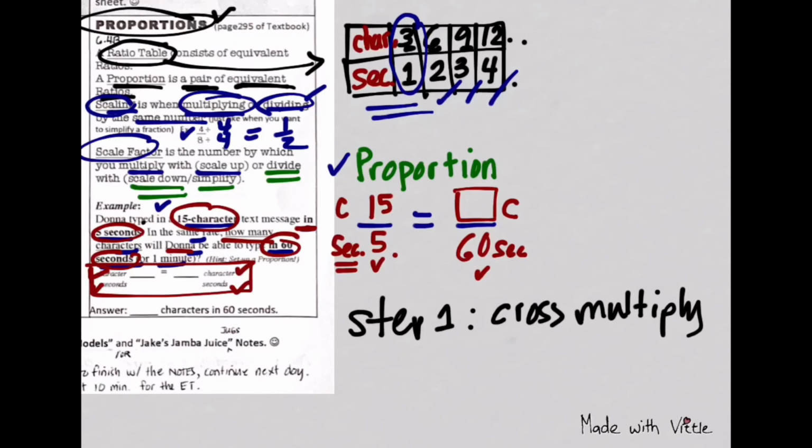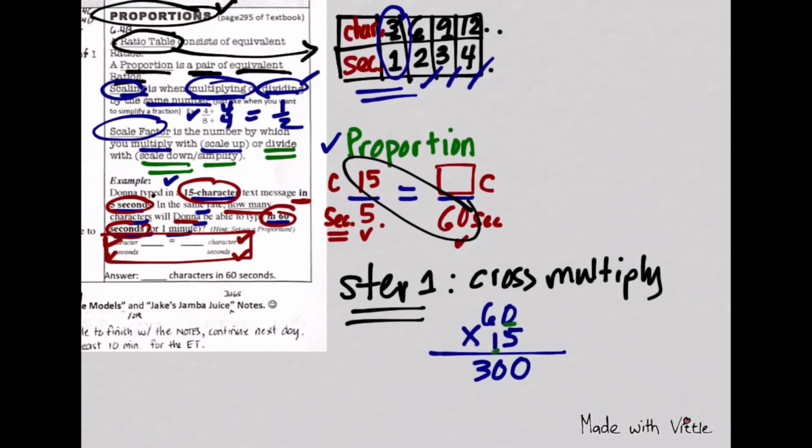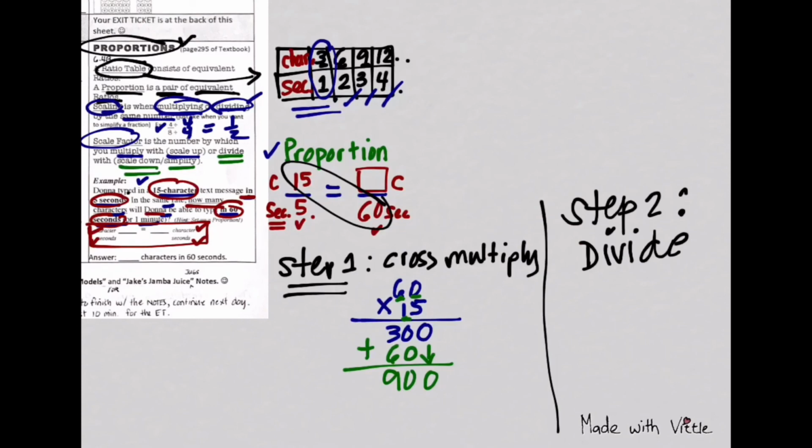In solving a proportion, the first step is you cross multiply. Step 2 is whatever you got from step 1, you have to divide it by the other number we haven't used, which is the 5 seconds.